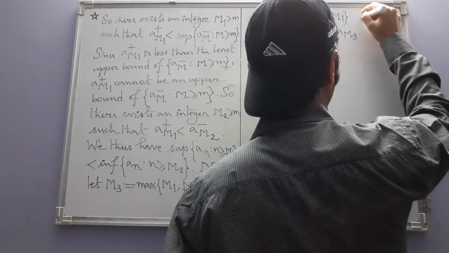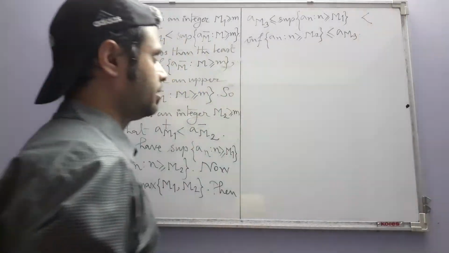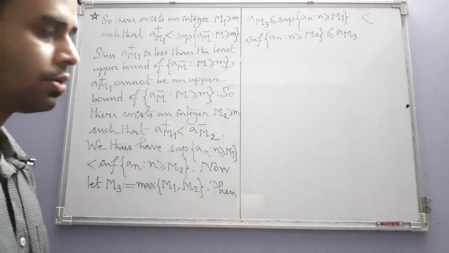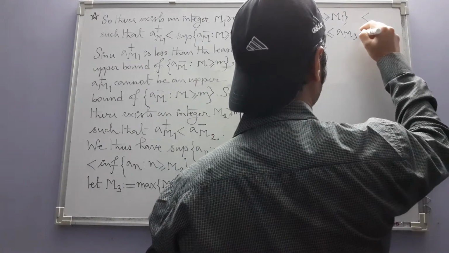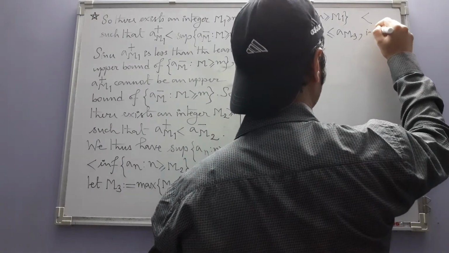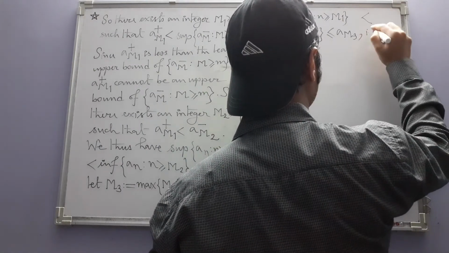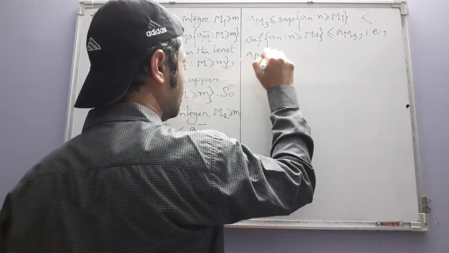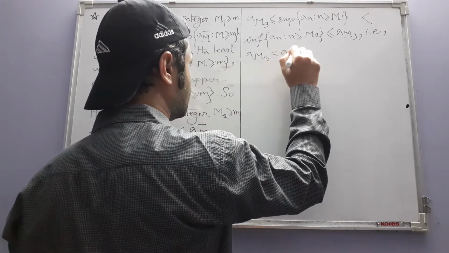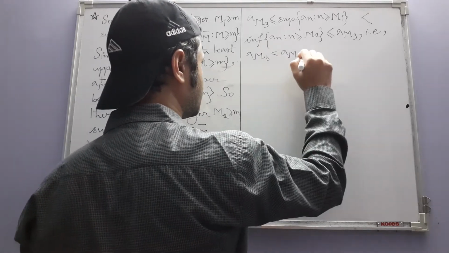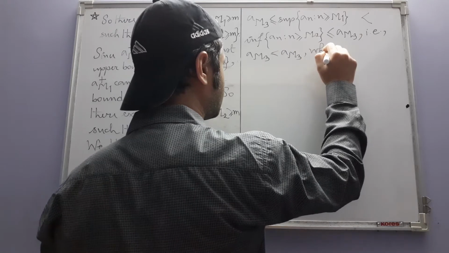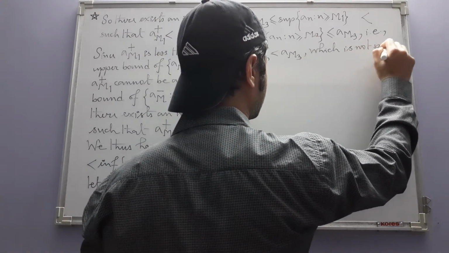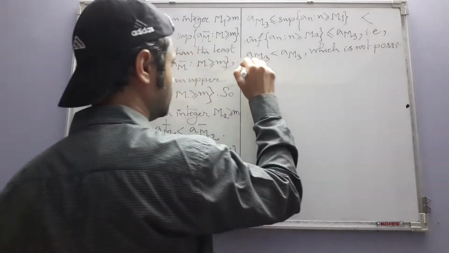We now have obtained an absurd result that am3 is strictly less than itself. This is not possible. To emphasize that, we write that is am3 is less than am3, which is not possible.